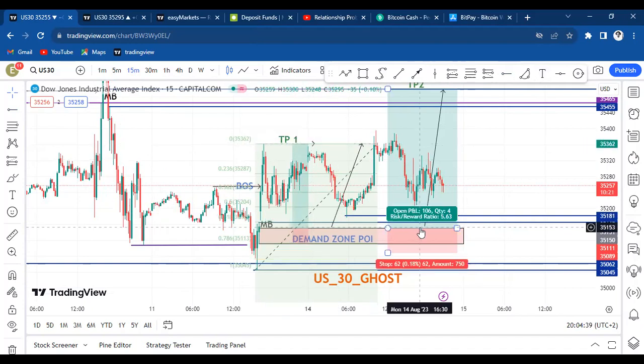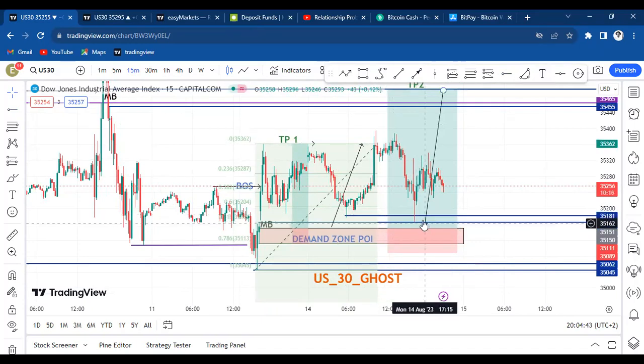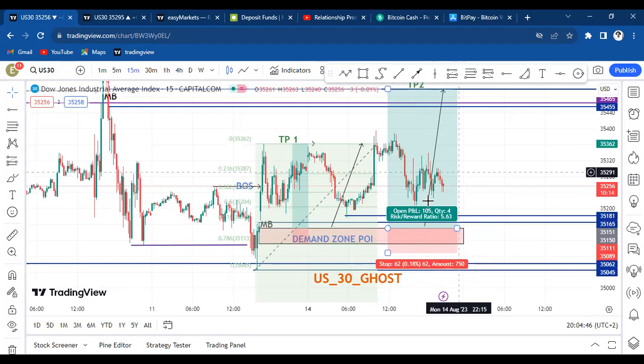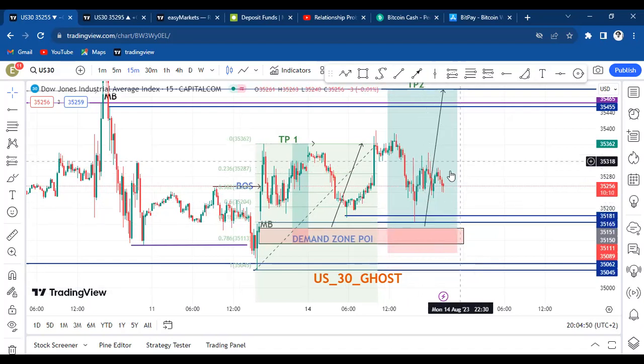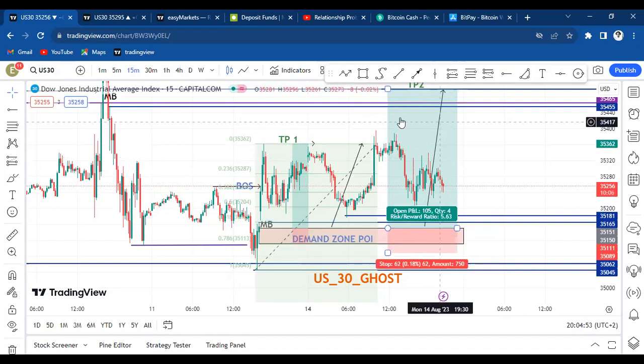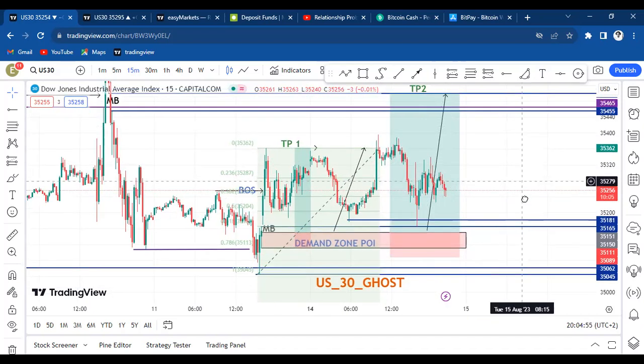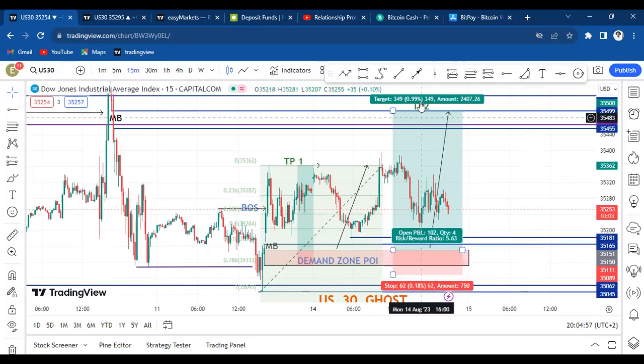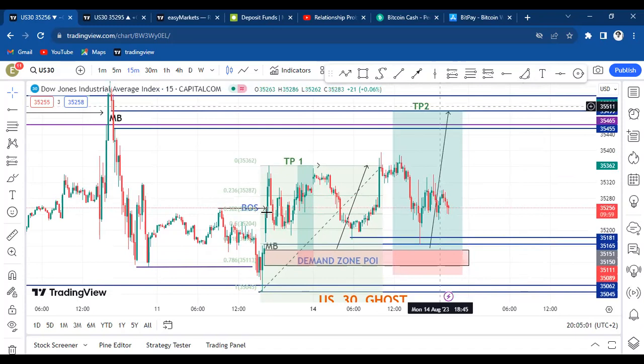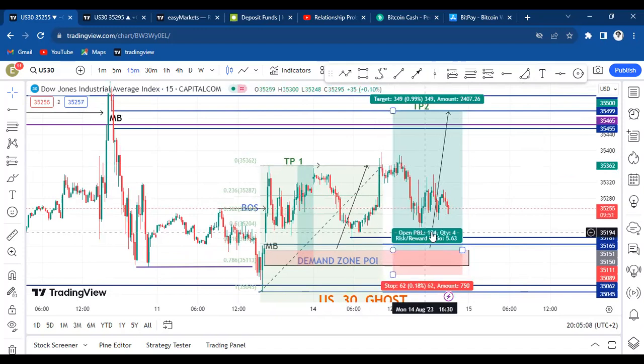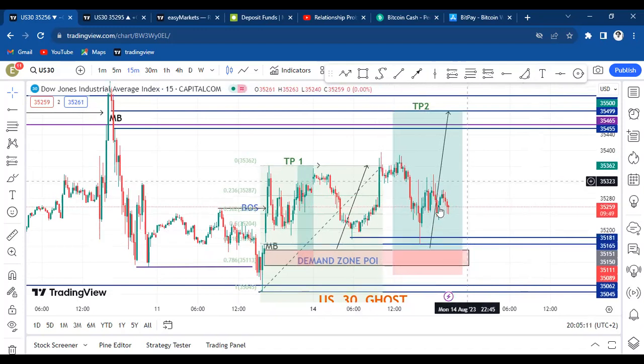But if you had waited for the market to catch your imbalance, you would still be in profits. We have a long way to go. We are trying to reach this take profit here. Second take profit. From here, the market was here. It came back down to the imbalance, and take profit is hit.